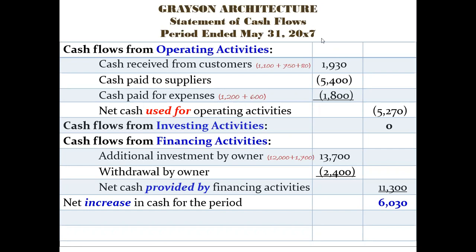I'm saying to us guys that when we looked at the T account for cash, we saw that cash at the beginning of the period was 1,720. And cash at the end was 7,750. So there was an increase in cash of 6,030.